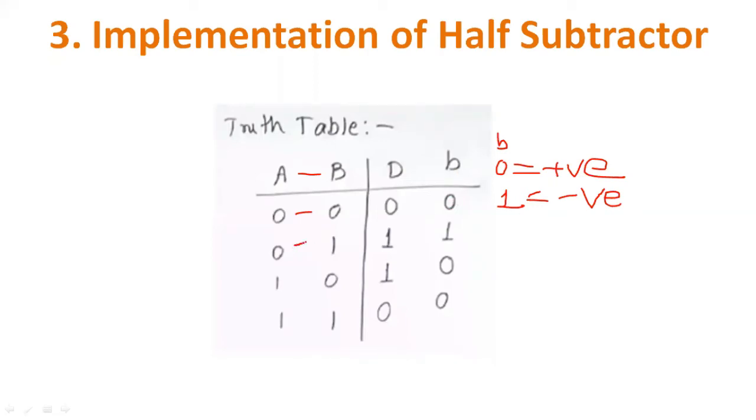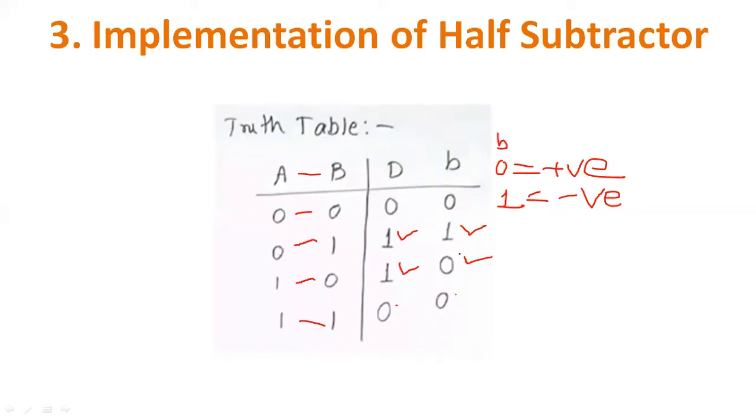Then 0 minus 1, the result is negative, so borrow is 1, and the difference is 1. Then 1 minus 0, the result is positive, so borrow will be 0, and difference is 1 here. Then 1 minus 1, the difference is 0 and borrow is also 0 because the result is positive.